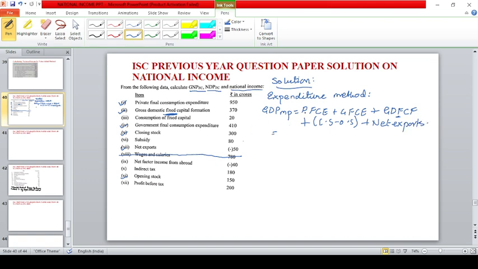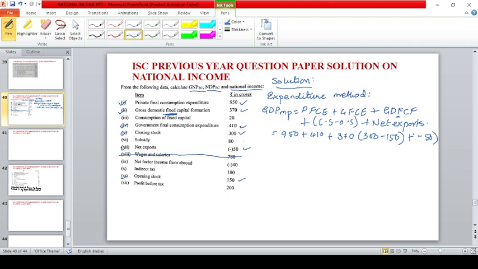Now let us quickly substitute the values given to us. Private final consumption expenditure is 950, plus government final consumption expenditure, that is 410, plus gross domestic fixed capital formation is 370, plus change in stock, that is closing stock minus opening stock, 300 minus 150, plus net exports, that is minus 50.